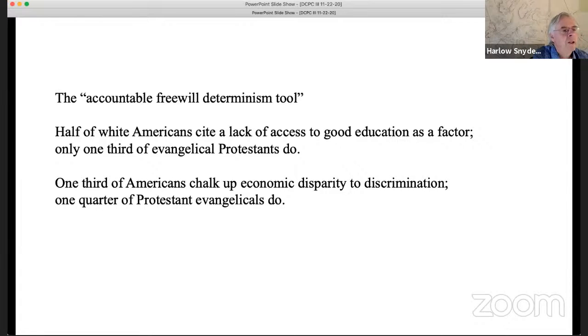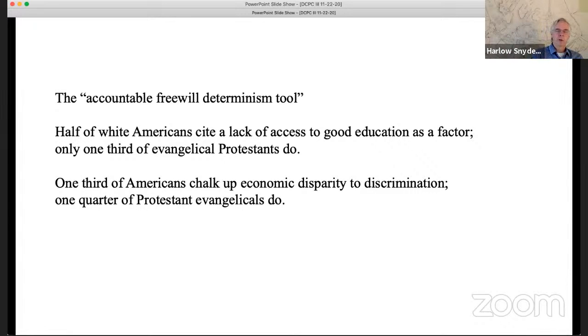But when it came down to some of the statistics on these answers, half of white Americans cite a lack of access to good education as a factor, whereas only a third of evangelical Protestants do, right? Most white Americans were willing to say the reason black people don't succeed economically is this structural factor, that they don't have access to good education.